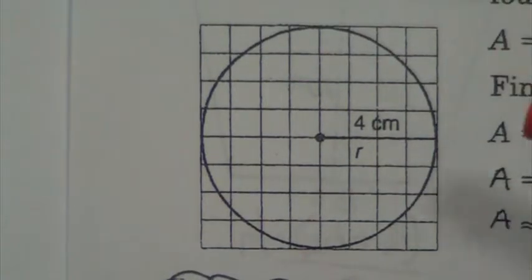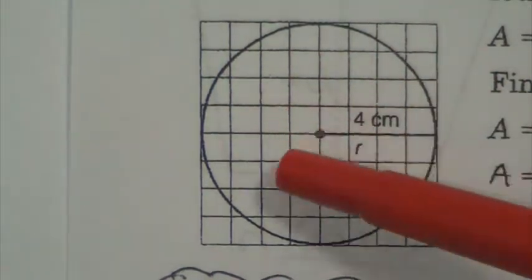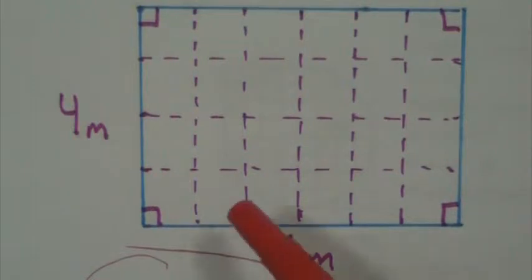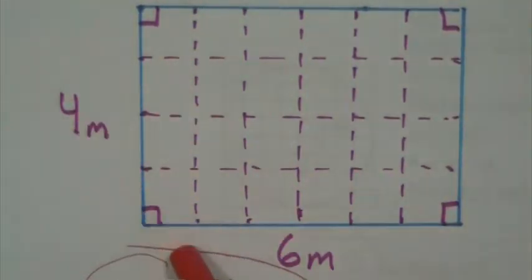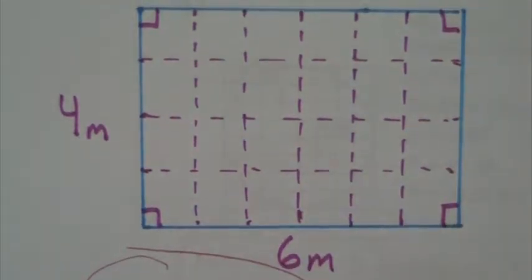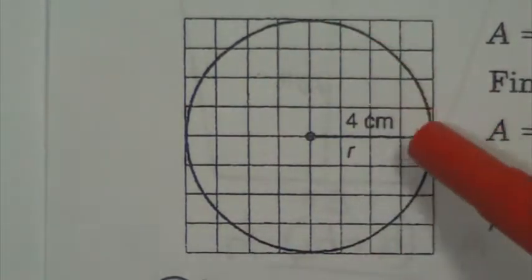And as we learned before, area is always how many squares will fit inside the shape. If you remember, we did that before with rectangles. Area is how many squares fit inside. And for circles, it's the same thing. How many squares can fit inside?